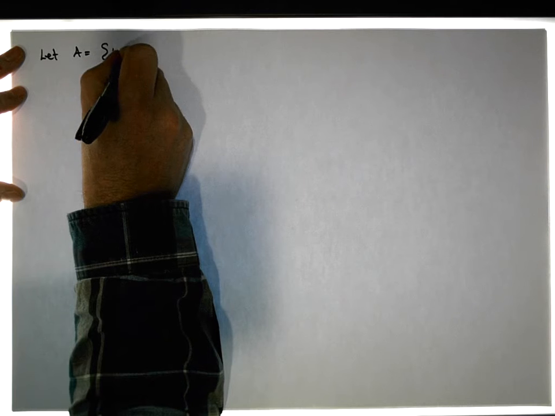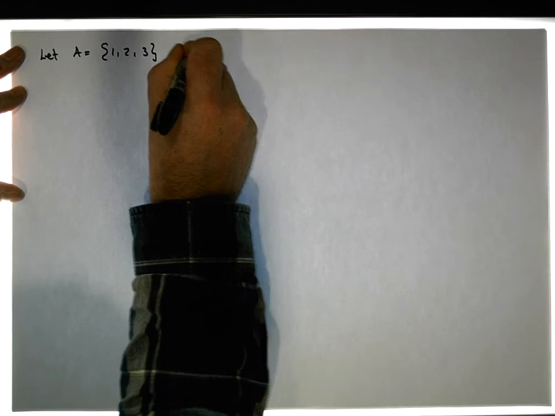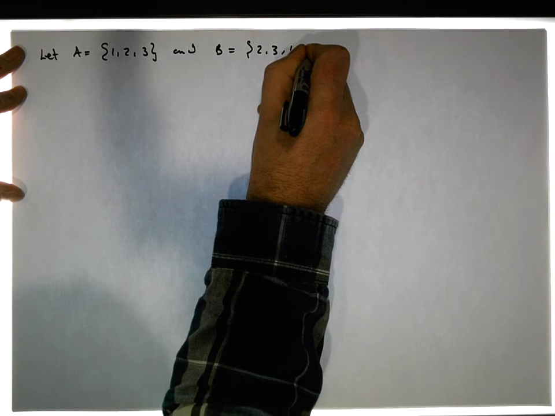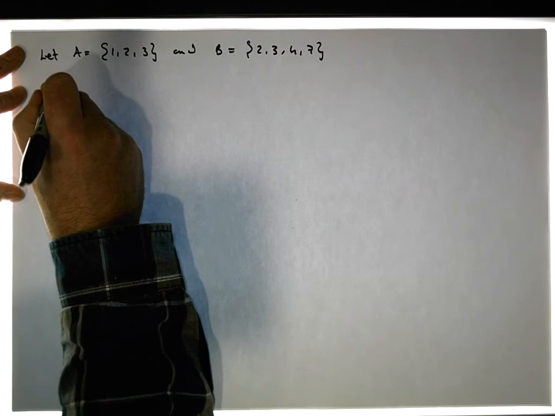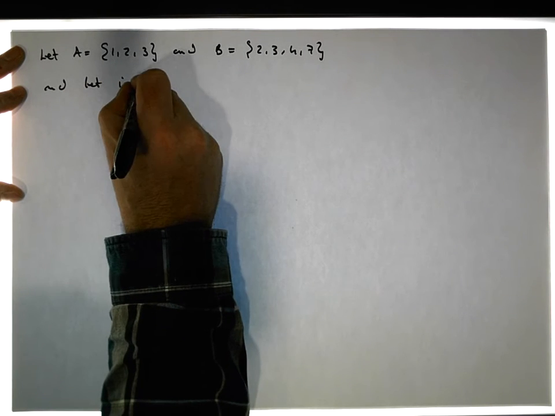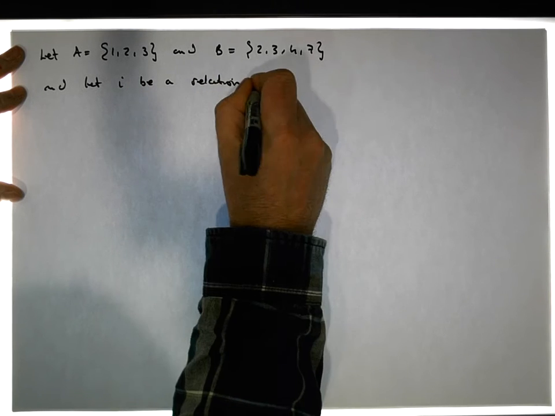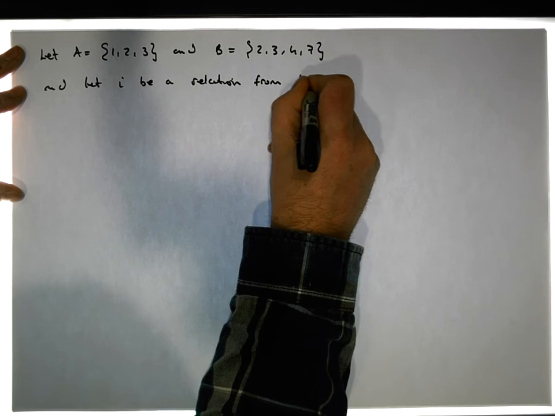Let's then find a situation where both conditions are not satisfied. So we have A equal 1, 2, 3, and B equal, let's say, 2, 3, 4, and 7, and let I be a relation from A into B.